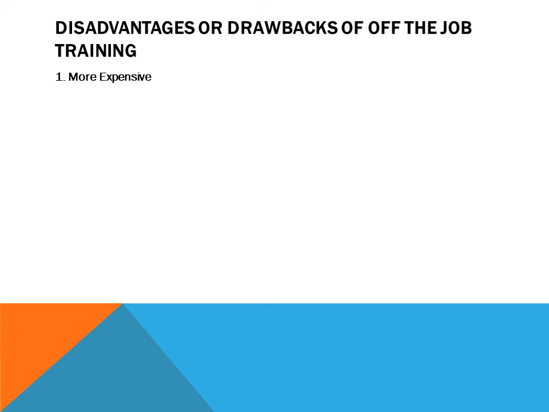Talking about the disadvantages or drawbacks of the job training, it's an expensive method. It's a more expensive method compared to on the job training. In on the job training, everything is set up in the workplace itself. They don't set up anything outside the organization.